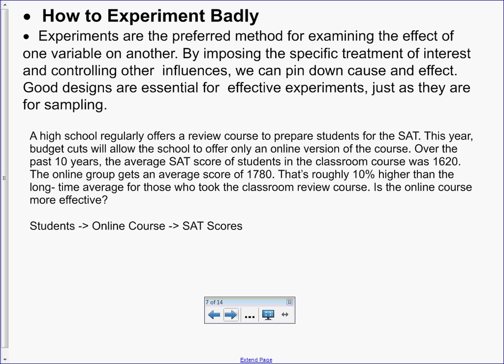Well, this is an experiment because we actually did 2 different things. We had some kids who took the SAT class in the classroom, and some of them who took it on the computer. The difference, though, is that we didn't randomly select them. They self-selected.